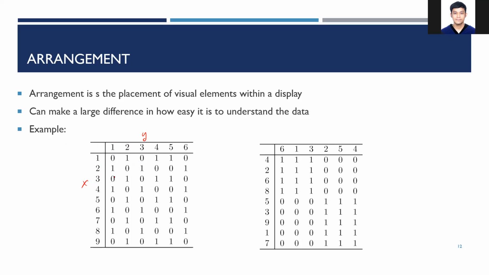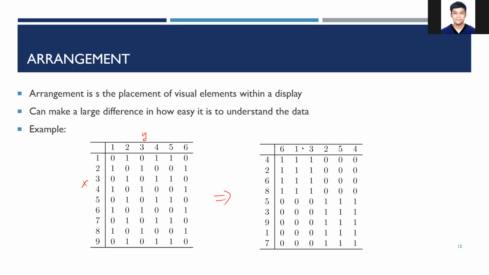From this data, if we see the left table, maybe it is very messy, so we cannot get the pattern. But if we rearrange our data, for example on the right side, the left and right are actually the same data, but with a different arrangement we can easily get the pattern.